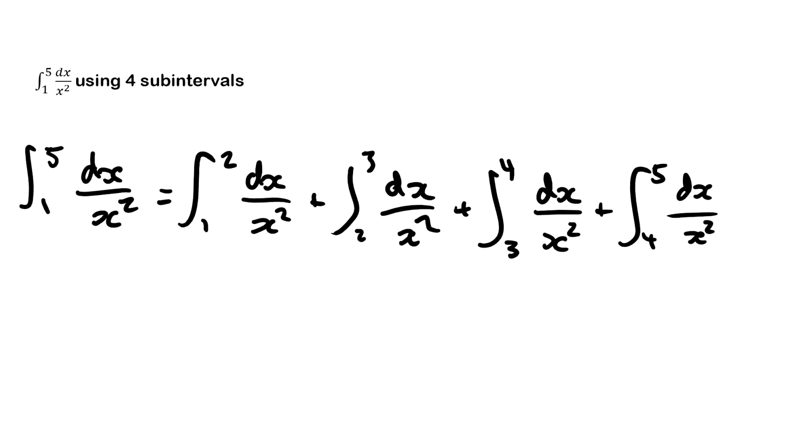And now we need to find each of these parts. So the first one turns into a half of 1 over 1 squared plus 1 over 2 squared.